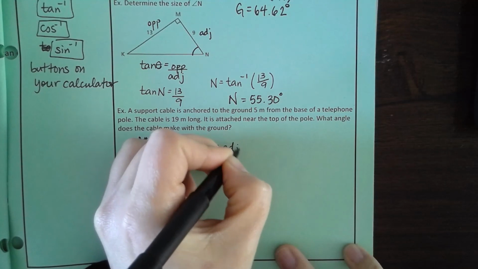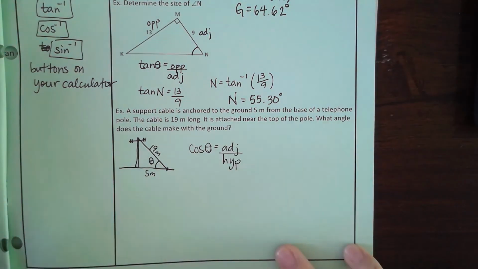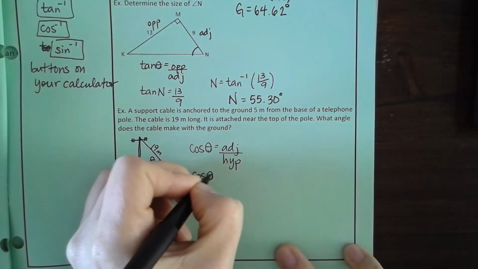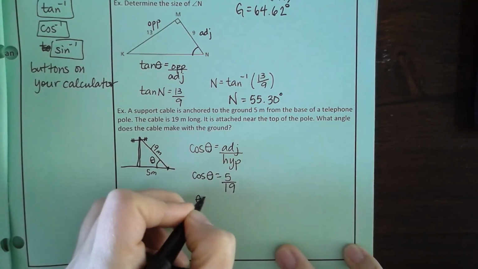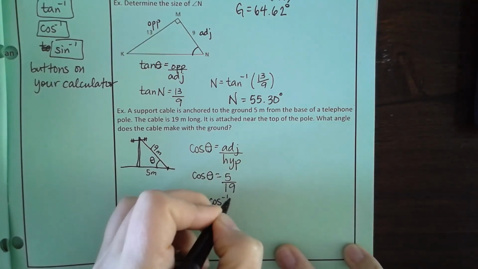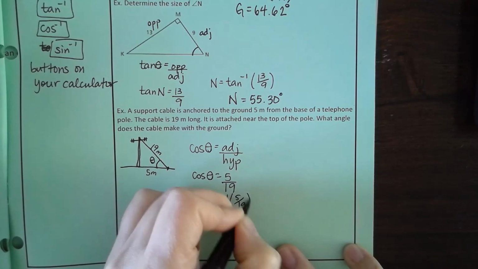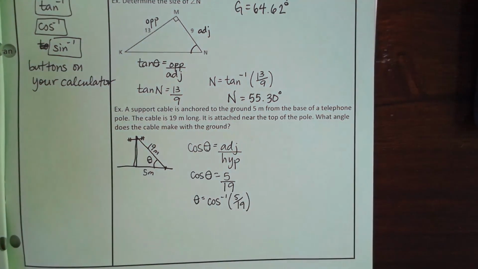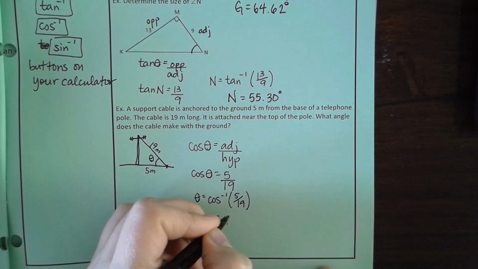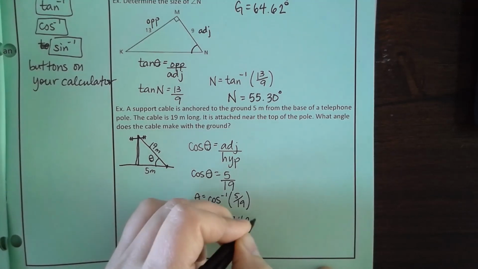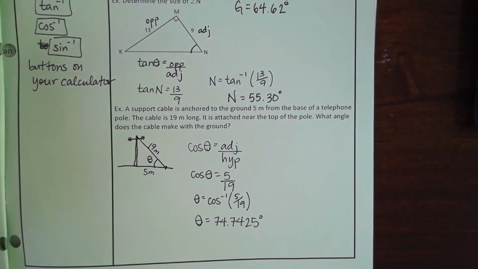Cos theta equals adjacent over hypotenuse. Cos theta equals 5 over 19. Therefore, theta is the inverse cos of 5 over 19. When you put that in your calculator, you're going to get 74.7425 degrees.